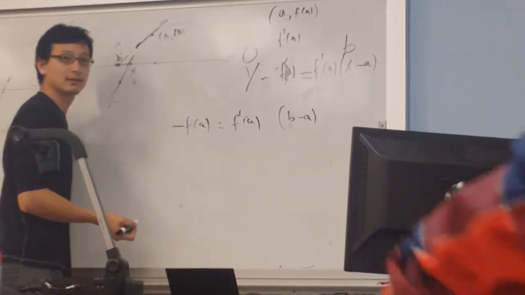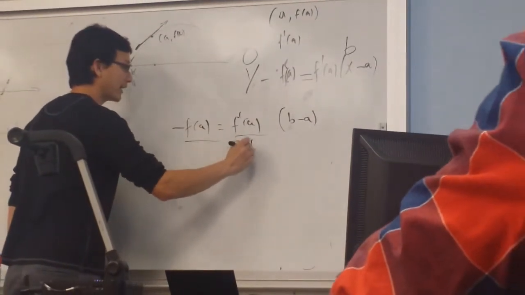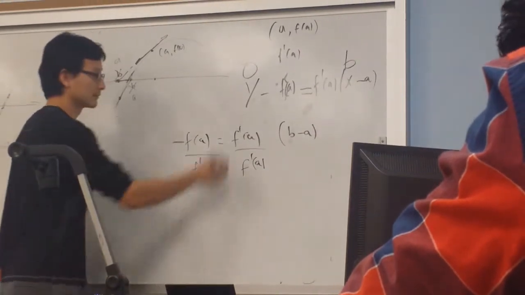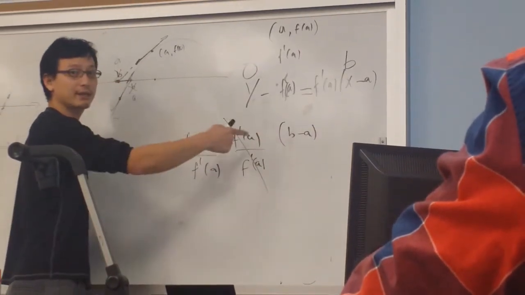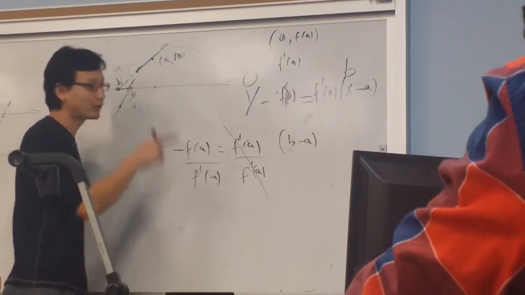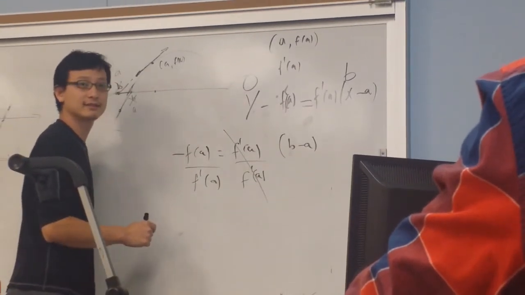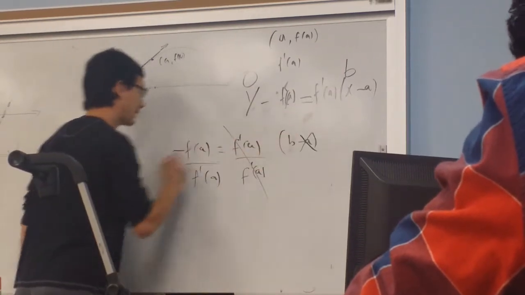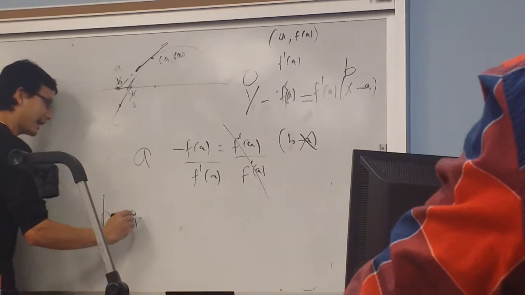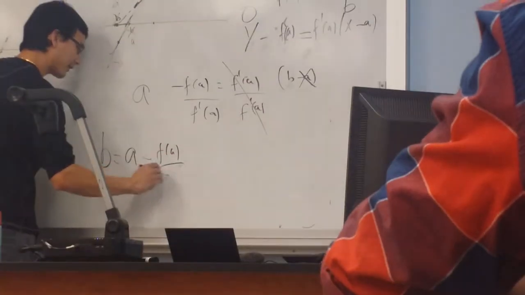Can I divide both sides by f prime of a? So this just turned out to be b minus a. I don't want to find a, I want to find b. So how do I get rid of a? Add a to both sides. So therefore b must equal a minus f of a divided by f prime of a.